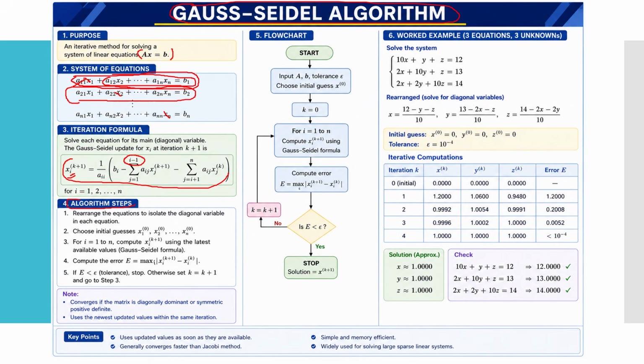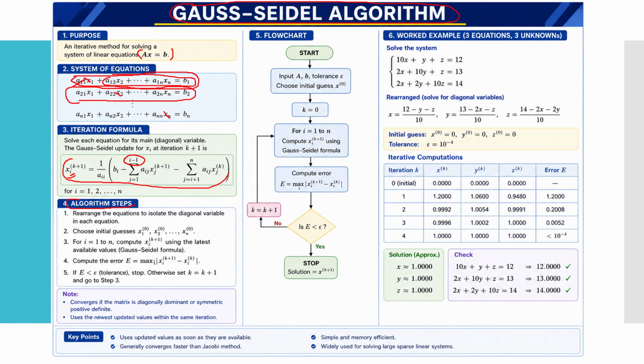For x1, we'll use the old or estimated values. For x2, we already have the calculated value of x1, so we use the calculated value for x1 and the old or estimated values for the remaining x. That's why in this equation we have a_ij x_j^(k+1), the new calculated version, used for variables x_j with j less than i.